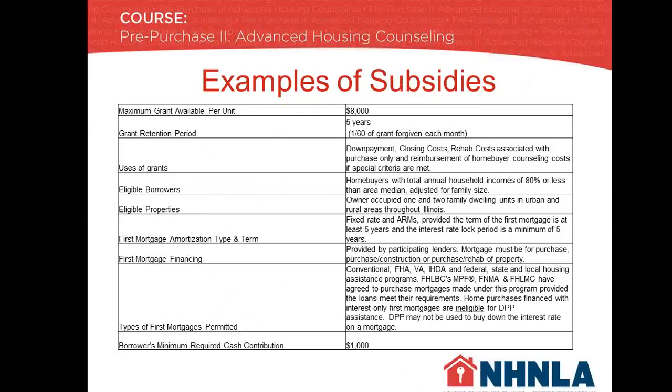So this is a fixed rate, and ARMs are also allowed under certain restrictions. And you have to check on the participating lenders and make sure it's for purchase or purchase with construction or purchase with rehab. Then we have the types of first mortgages permitted, conventional, FHA, and so forth, and the borrower's minimum required cash contribution, in this case $1,000.